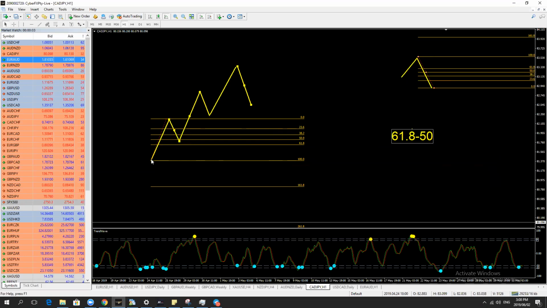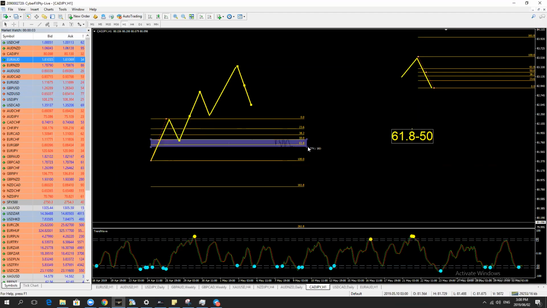Okay, so in an uptrend, I start from there, right to the top. Then I see maybe the chart is retracing, see a retracement of candles. Where do I enter? I'm looking for the zone that I spoke about. Here's the zone, 50 and 61.8. Highlight that zone.